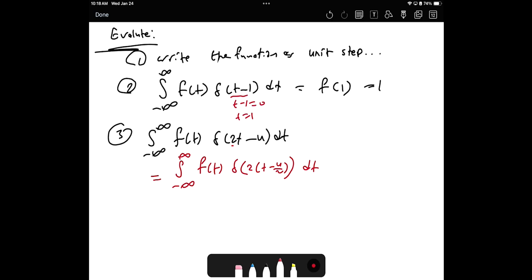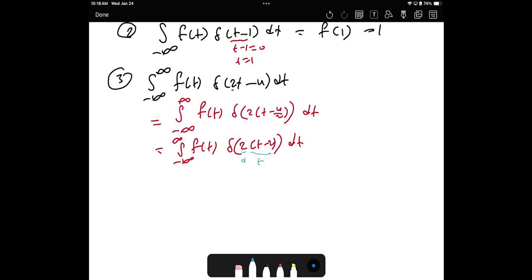Then we can simplify it more: the integral from negative infinity to infinity of f of t delta 2 times t minus 2 dt. Now this is factor a, this is t, so we take the absolute value of a. According to the formula, delta of at equals delta of t over absolute value of a, it will be the integral from negative infinity to infinity of f of t, then delta t minus 2, over a, which is 2, dt.